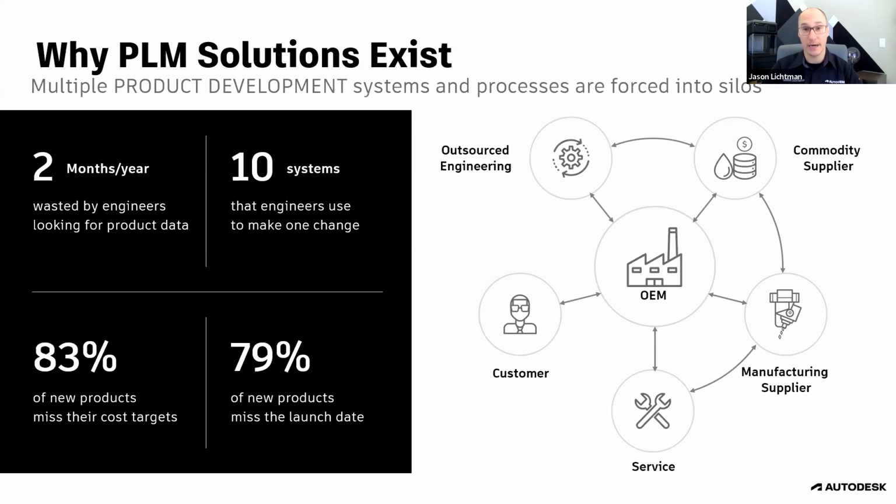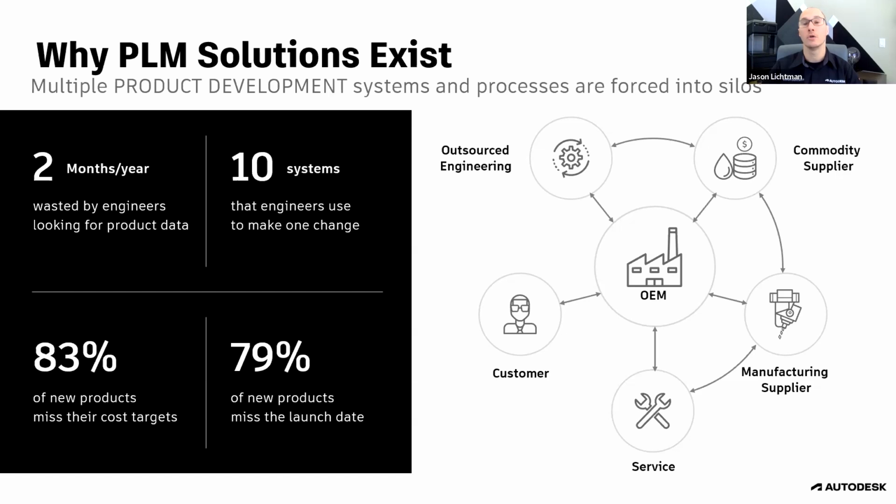And as a former mechanical engineer myself, I could tell you that makes perfect sense to me. And I'll tell you, as also an engineer, I use so many different systems to be able to get my job done. So what PLM is really trying to do is to connect these systems together so you don't have all of these challenges that come from these disconnected systems, right?